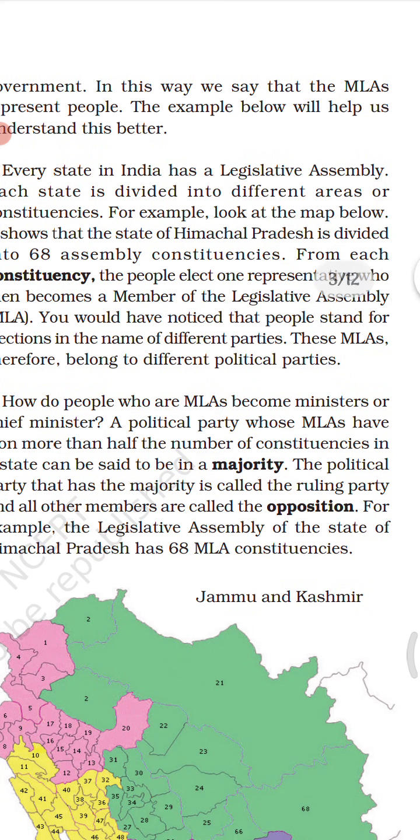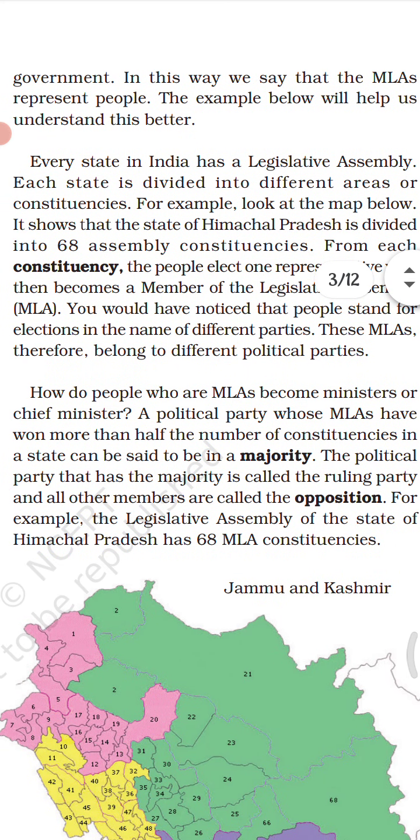So how do people who are MLAs become ministers or chief minister? A political party whose MLAs have won more than half of the constituencies in a state can be said to be in a majority. So what does it mean?